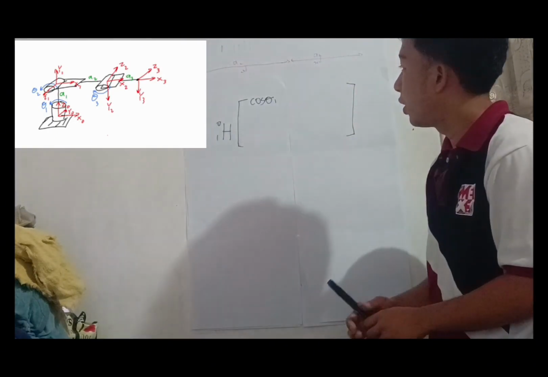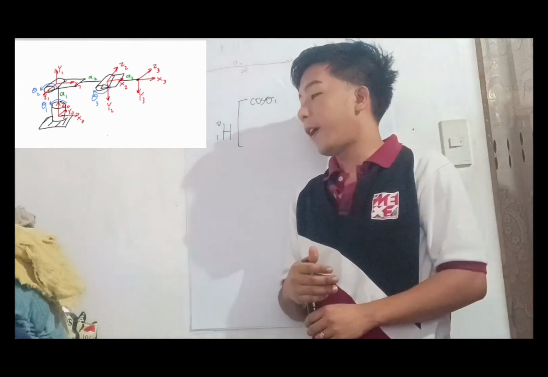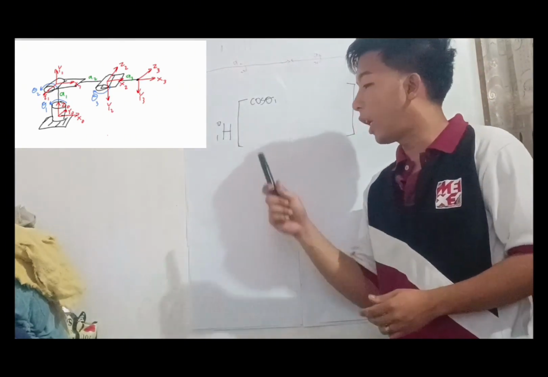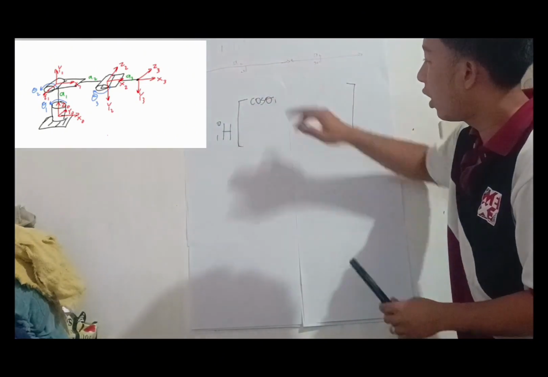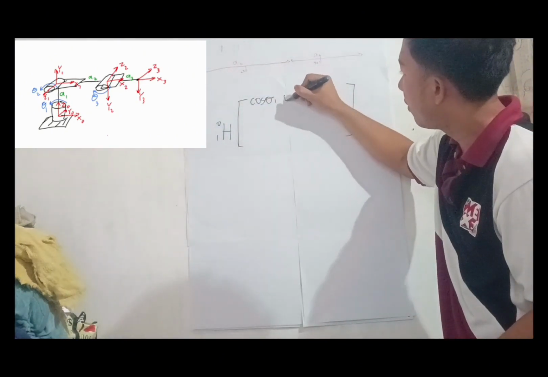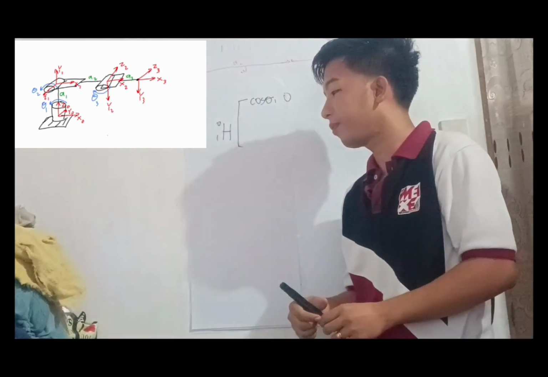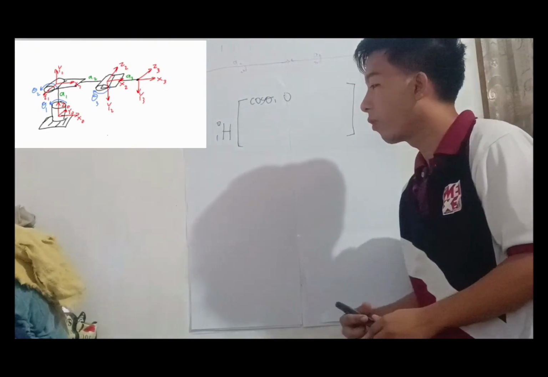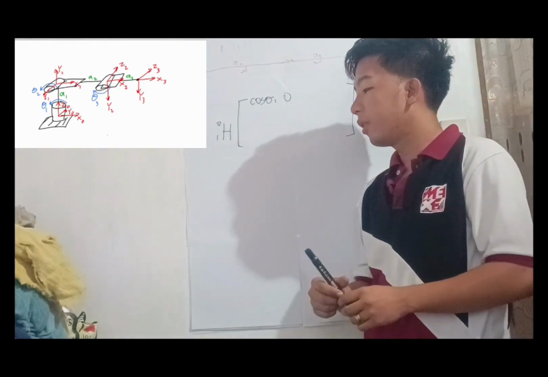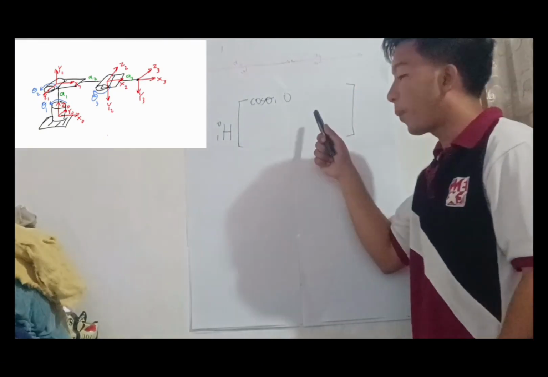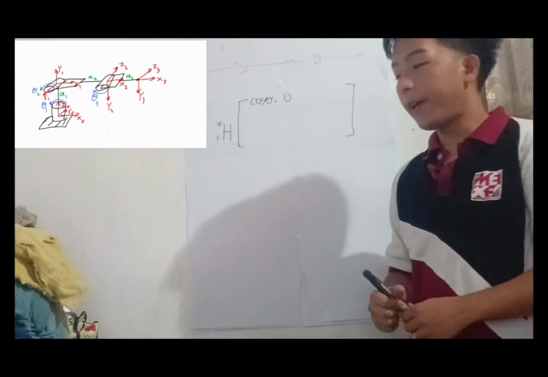Next, cosine theta is based on the DH parameter. The next column is 0 because there's no rotation. For the next row, sin theta represents the sine of the first joint angle theta.